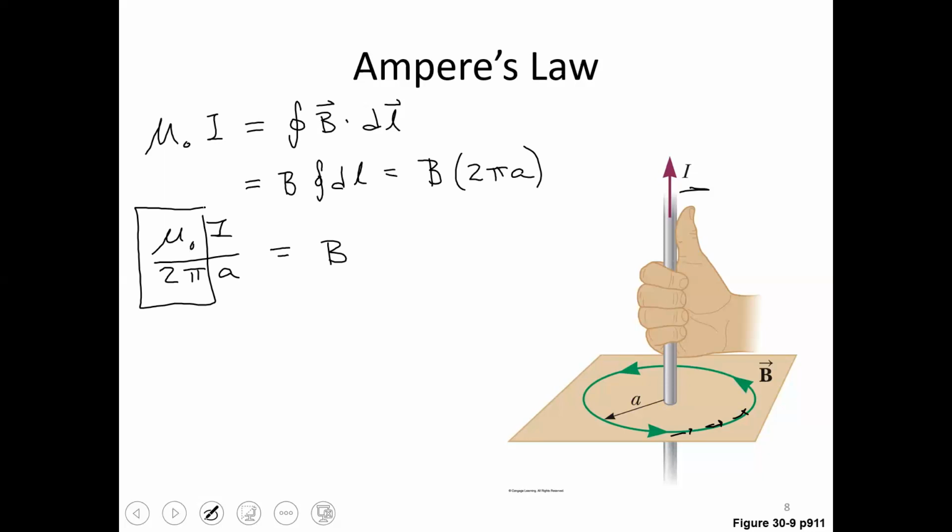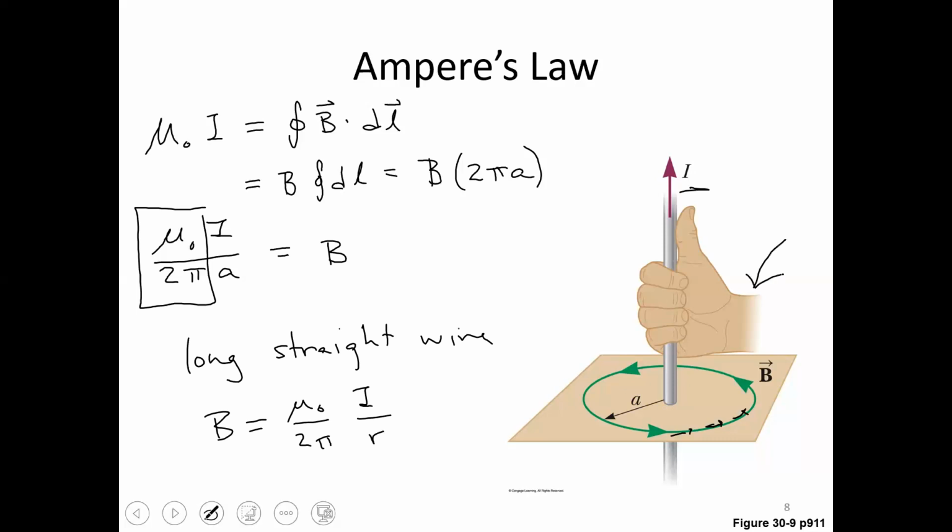So we can say that the magnitude of the magnetic field from a long straight wire, both by Ampere's law and by observation, is mu0 over 2 pi times the current divided by the radial distance away. If we want to figure out direction, we get it from our right-hand rule, just as visualized right here.